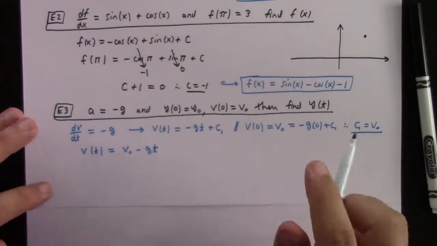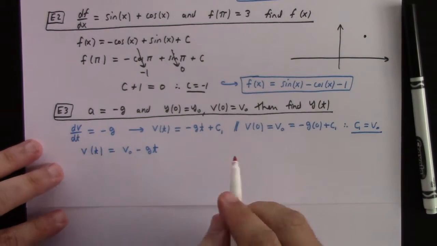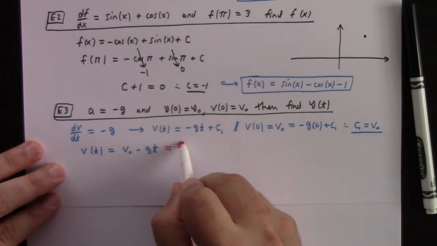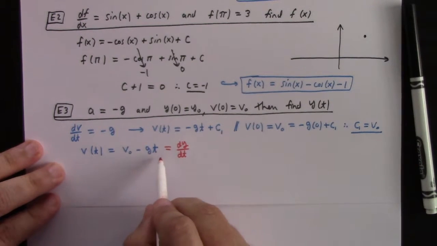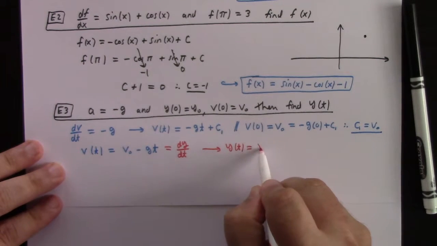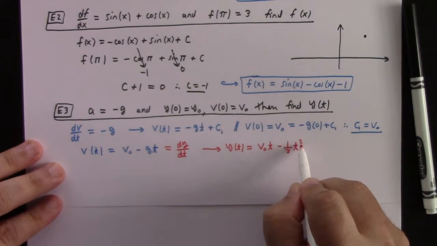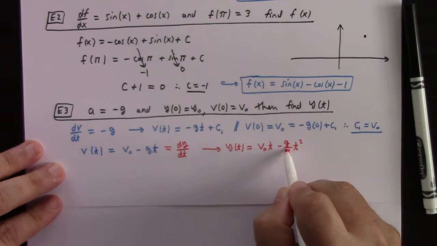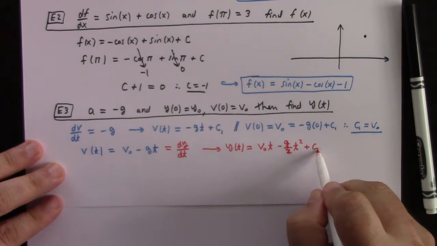Well, that's great, but that's not what we're after. We want to find y as a function of time. So this is equal to dy/dt. So I solve another initial value problem. This time integrate this again. That gives me y of t is v naught t minus 1/2 gt squared plus c2.